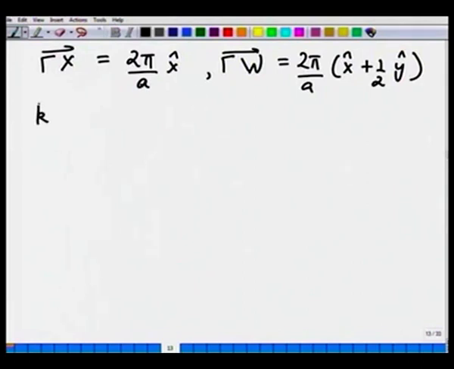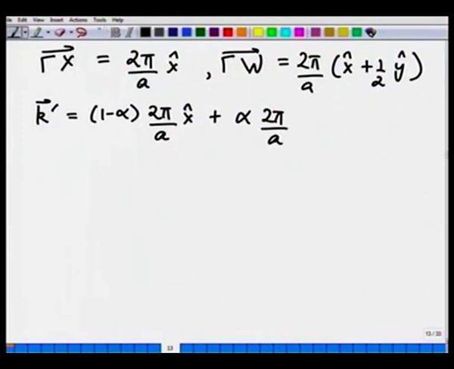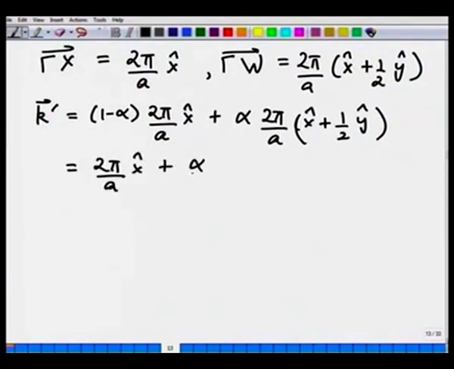So, this k prime vector is now equal to, simply I can write this as (1 minus alpha) 2 pi by a x hat plus alpha 2 pi by a times (x hat plus half y hat), which is equal to 2 pi by a (x hat plus alpha by 2 y hat).